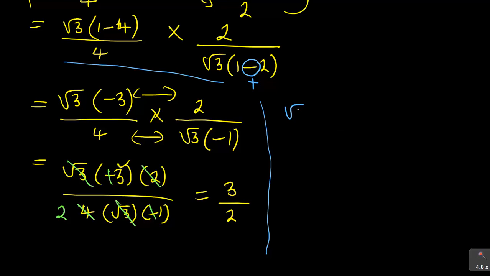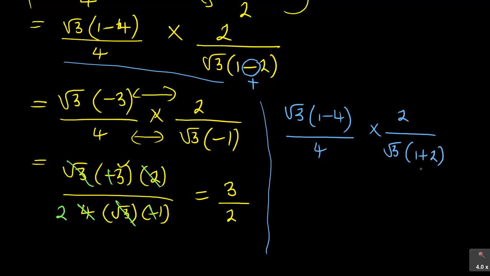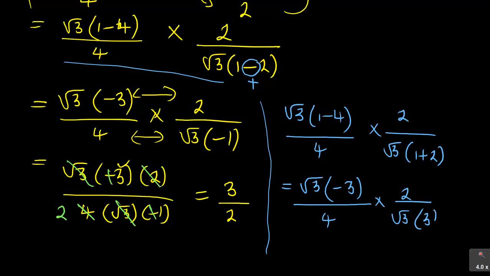So it's root 3, 1 minus 4 over 4 times 2 over, remember there is a plus now, it's root 3, it's 1 plus 2. See that when I change that, and then I've got root 3, I've got minus 3 over 4 times 2 over root 3, and then I've got 1 plus 2 is 3.